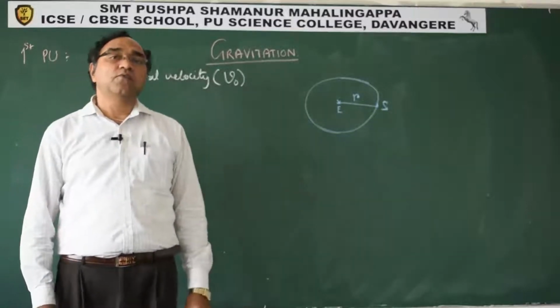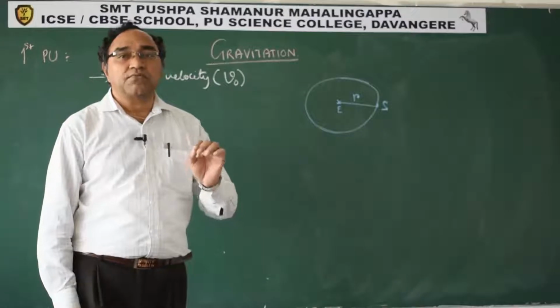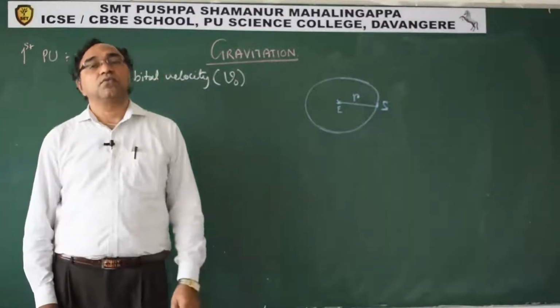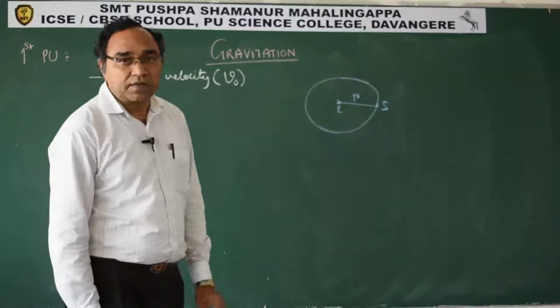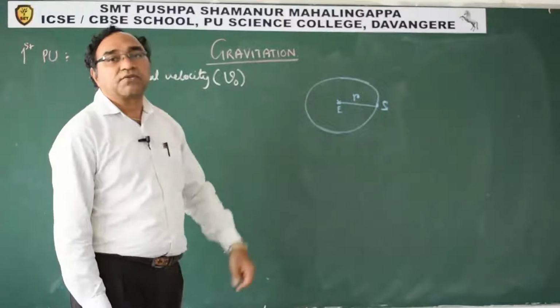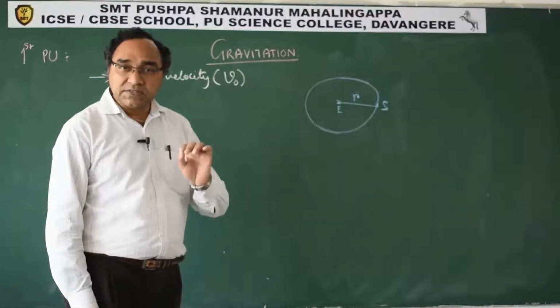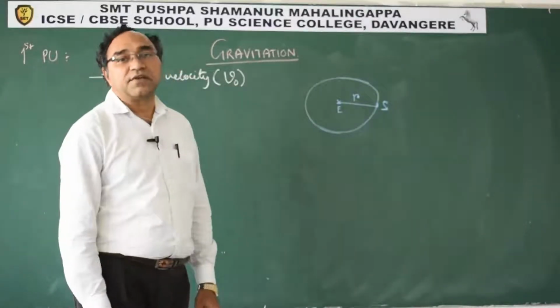For a body to move in a circular path, centripetal force is essentially required. Without centripetal force, no body can ever move in a circular path. Since the satellite is moving in a circular path, there has to be a centripetal force acting on the satellite.